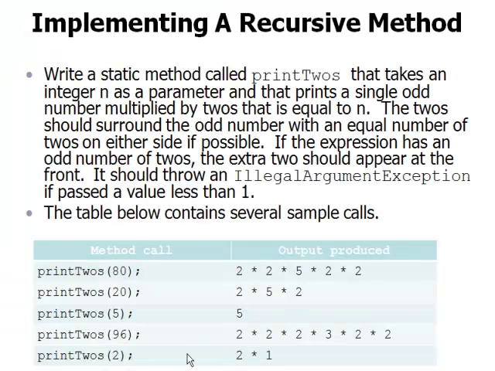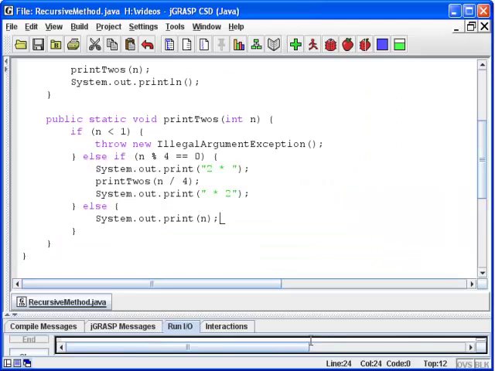But there are cases like these two here where there's an extra 2. So when we get down to a number like 6, for example, or a number like 2, those are numbers that are not divisible by 4, but they are divisible by 2. So that's probably the trickiest part of this problem, is recognizing that there's a special case for numbers that are divisible by 2, but not divisible by 4.